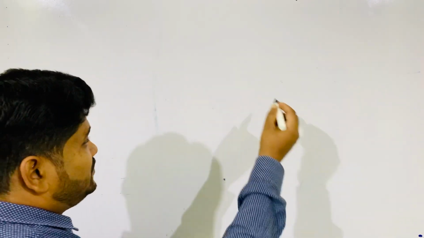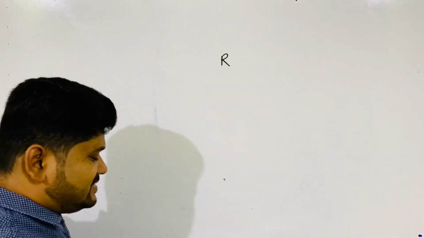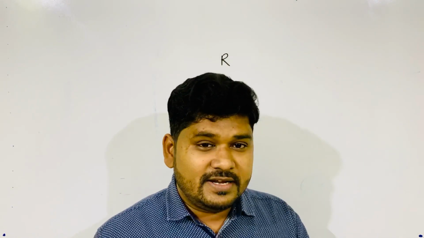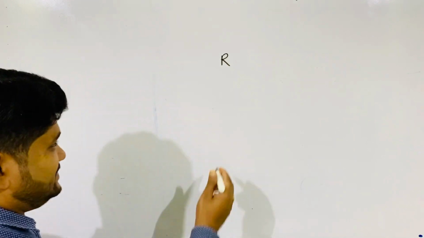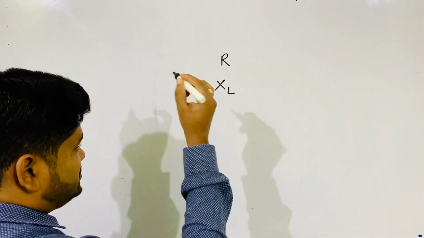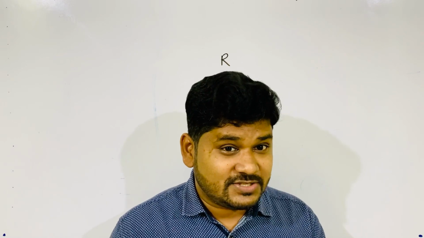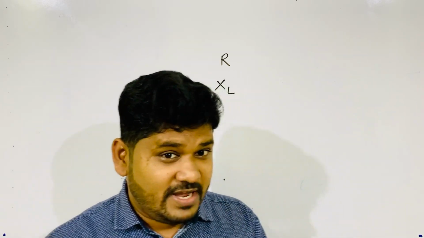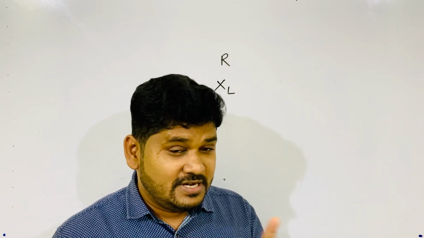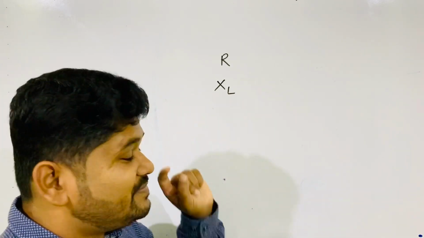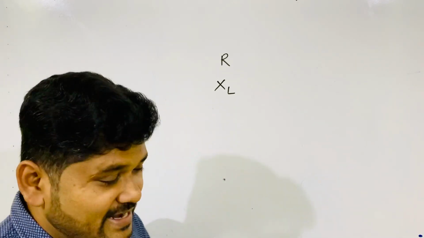Another thing: when one resistor is connected in a circuit, what do you call the opposition? Resistance. When an inductor is connected, what do you call the opposition? Inductive reactance, not inductance. I told you in the previous lecture, don't say inductance. The opposition of an inductor is called inductive reactance.